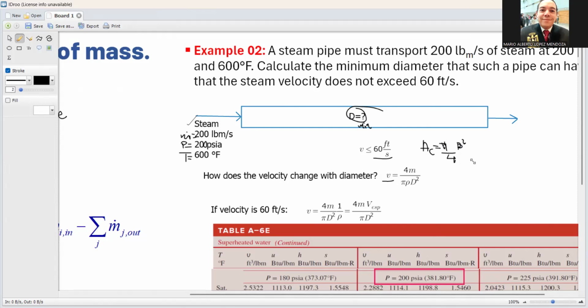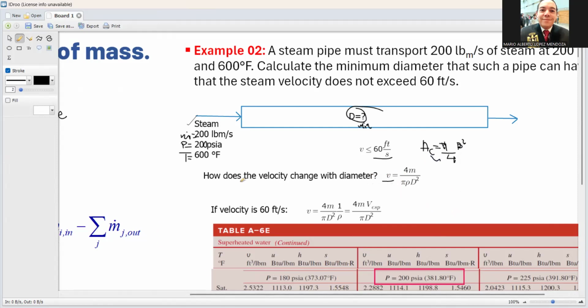So using the relationship of the cross-section area and the mass flow rate definition, we can get this equation. So if you see, the velocity will vary inversely with the square diameter. It means if we increase the diameter, the velocity will decrease, and in the inverse sense.